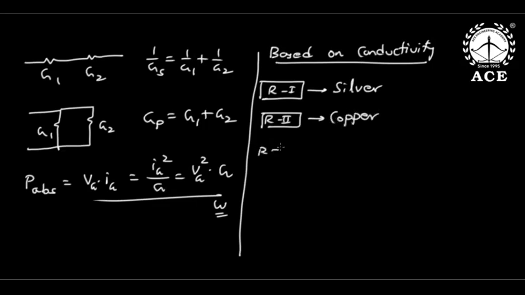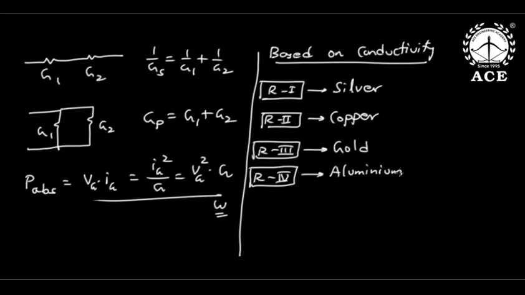Then rank 3 is gold. Then rank 4 is aluminium. Rank 1 is silver, rank 2 copper, rank 3 gold, and rank 4 aluminium.